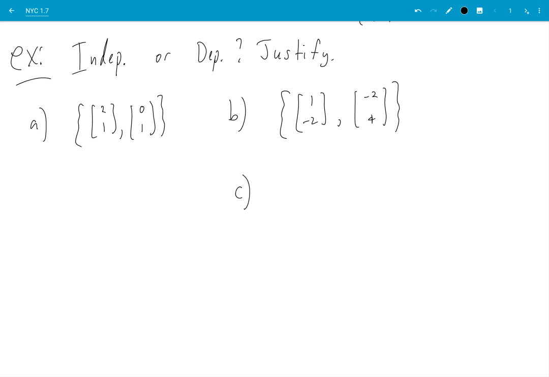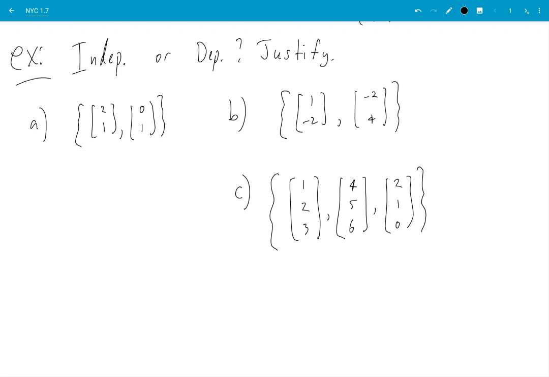And C, something in R3: (1, 2, 3), (4, 5, 6), (2, 1, 0).